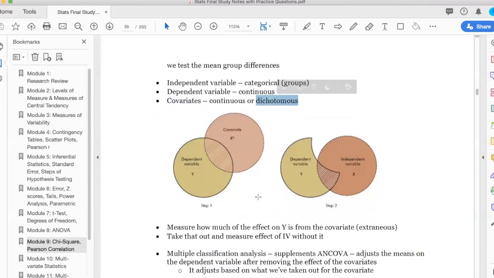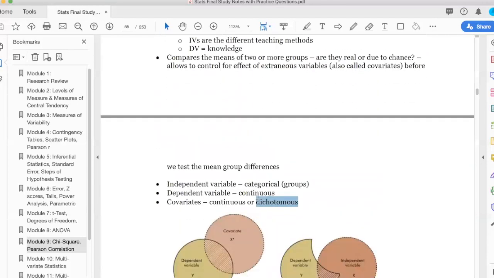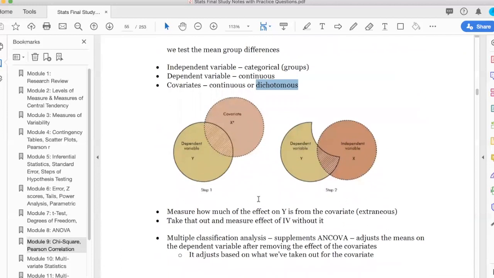So let's say we were talking earlier about, what was the example I was using? The post-op knowledge. And we want to take out the stress. So we would take the post-op knowledge here and the stress, which is the covariate, the extraneous variable that we want to get out of there.